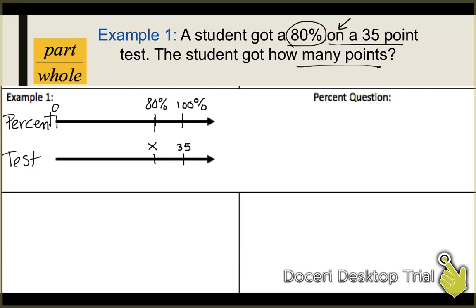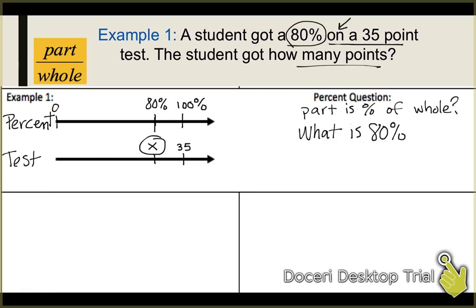Okay, so what would be our percent equation? Well, we're trying to find the part, right? So if we remember, the percent equation is part is percent of whole. So the part, we don't know, that's our x, is, we know 80% of, and we know the whole test is 35.